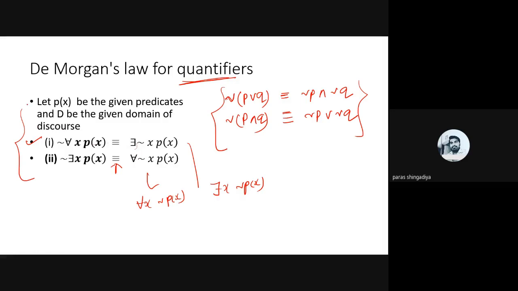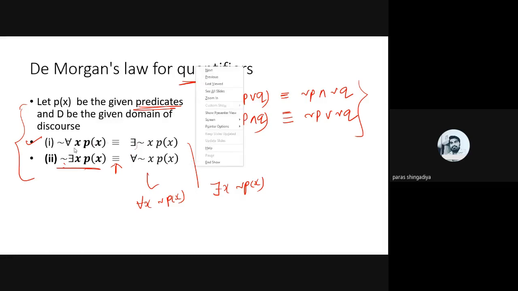And we'll discuss its proof, how we can prove this using quantifier theory, in the lab session. We'll prove it by using the predicate rules, the definitions of predicate and quantifier, and we'll discuss this proof in the lab session. But here we'll consider only the statement: the negation of every x P(x) is logically equivalent to there exists x negation P(x), and the second one is the negation of there exists x P(x), which is equal to every x negation P(x).